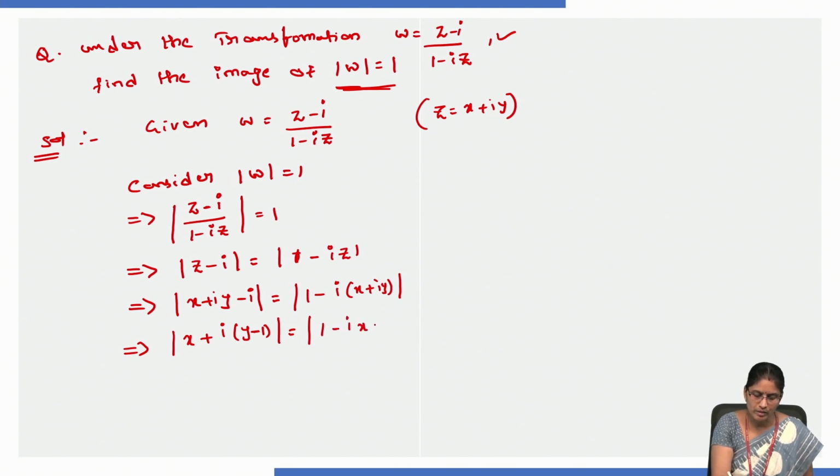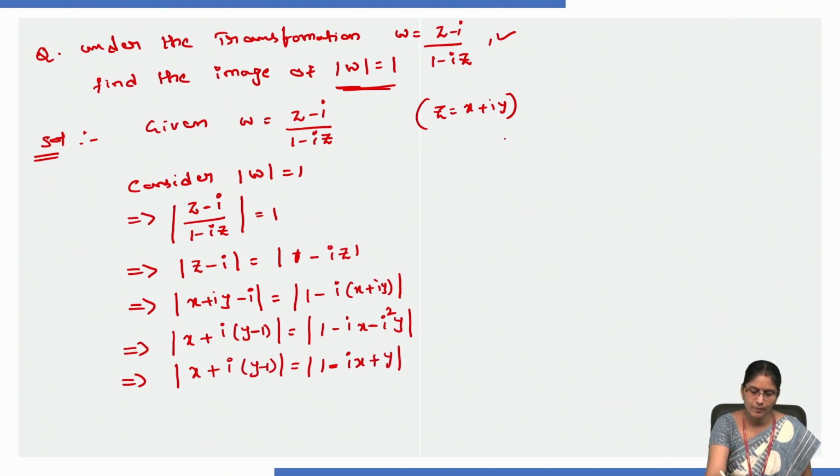That implies mod x plus i into (y minus 1) is equal to mod 1 minus ix, i square is minus 1, minus of minus we get plus y.